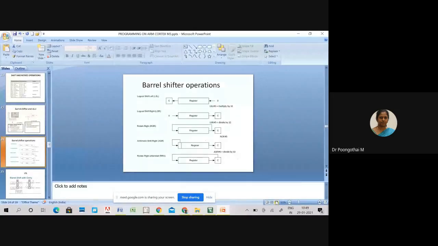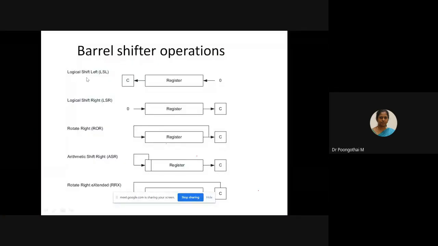So last class we demonstrated these three: logical shift left, logical shift right, and arithmetic shift right. The remaining two instructions related to parallel shift operations are rotate right and rotate right extended.